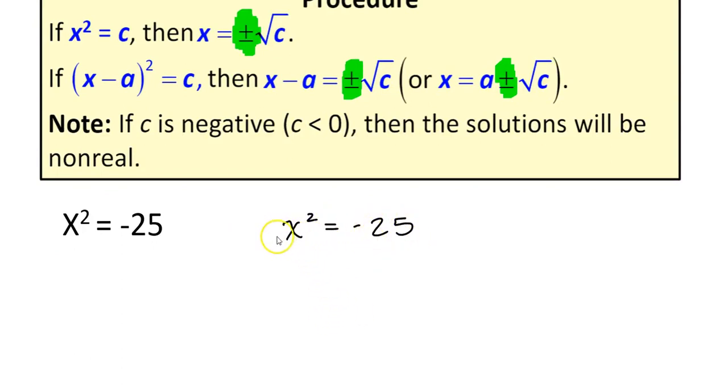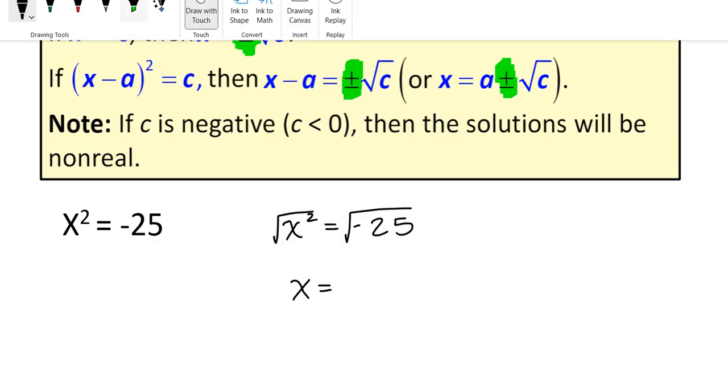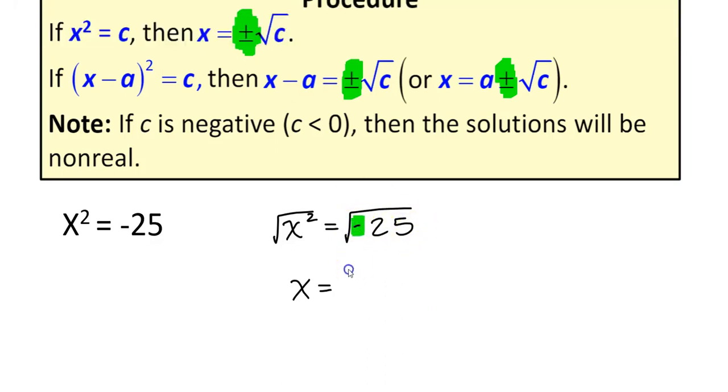Square root method says take the square root of this side, take the square root of this side. Notice what's going to happen here. The square root is going to cancel the power and you're going to be left with x equals. Now here's where we get the plus or minus. Well, we can take the square root of 25, but remember what happens when we have this little guy in there. We now have an imaginary number.